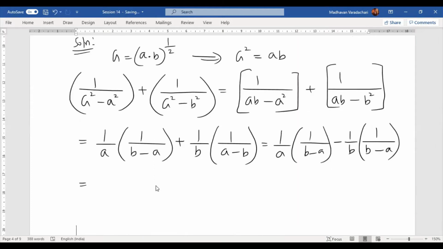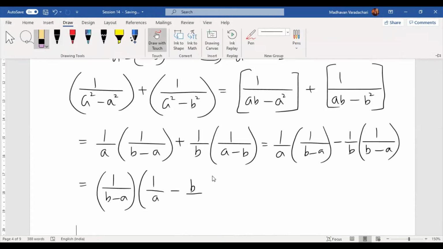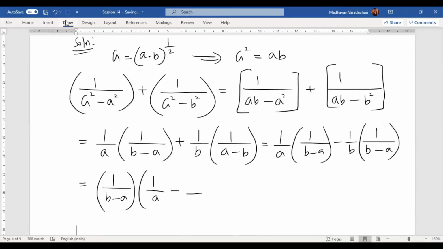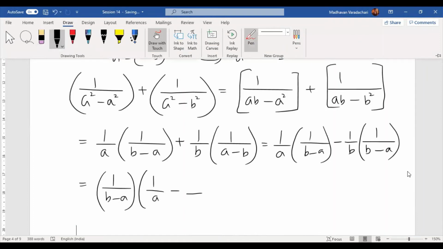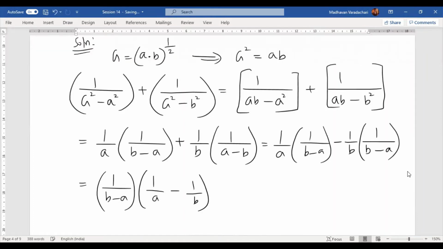Now, we may notice 1 by B minus A is common in both. So the first term will become 1 by A, second term will become 1 by B. So this we can again write it as common is AB, LCM is AB for these two.